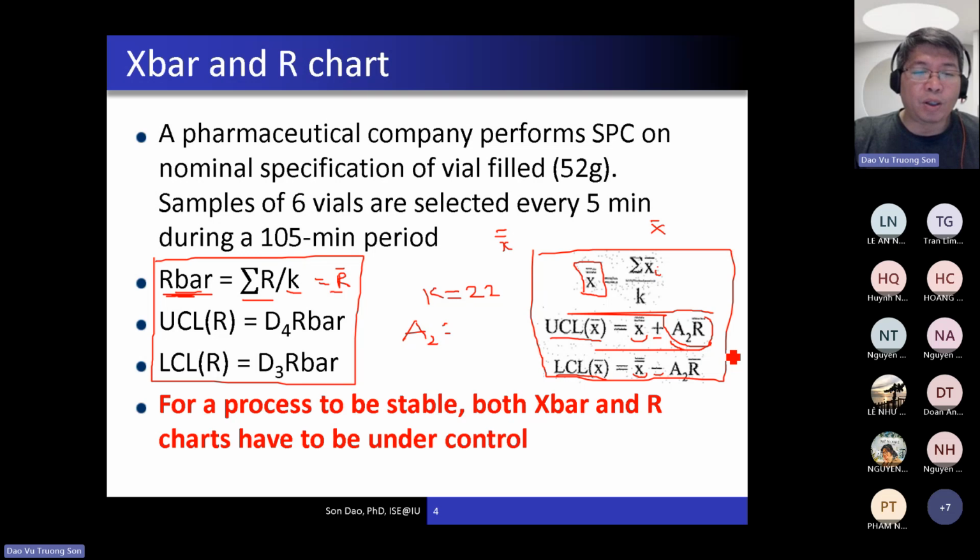So we need to look at the upper and lower control limits for R, and we do the same thing. However, in the R chart, the upper and lower control limits depend on two new parameters, D4 and D3. Again, D4 and D3 can be found in the same table.